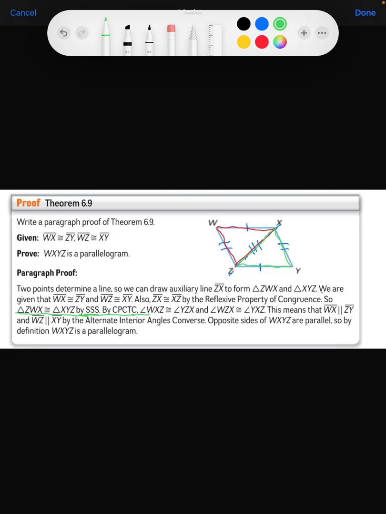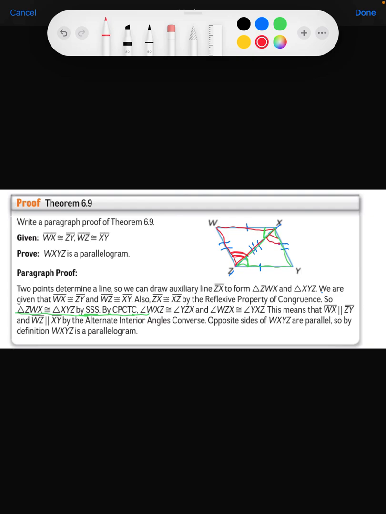So angle WXZ, this angle here, is going to be congruent to YZX. And then also our WZX, this angle here, is going to be equal to YXZ.